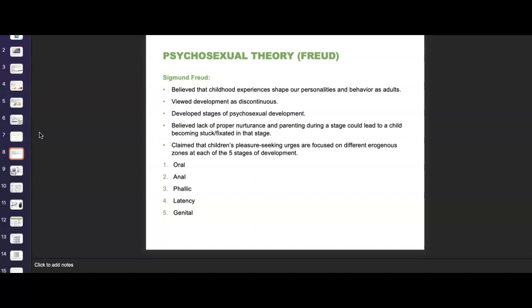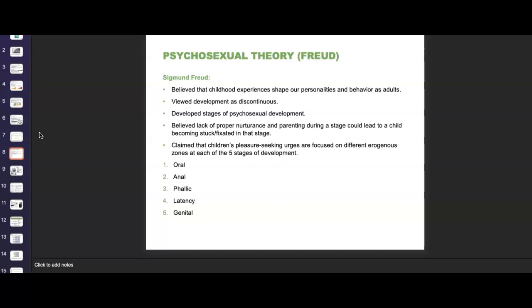He believed that lack of proper nurturance and parenting during a stage could lead a child to become stuck or fixated in that stage. He claimed that children's pleasure-seeking urges are focused on different erogenous zones at each of the 5 stages of development. His 5 stages were the oral stage, the anal stage, the phallic stage, the latency stage, and the genital stage.